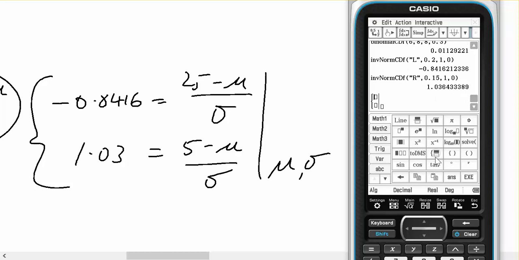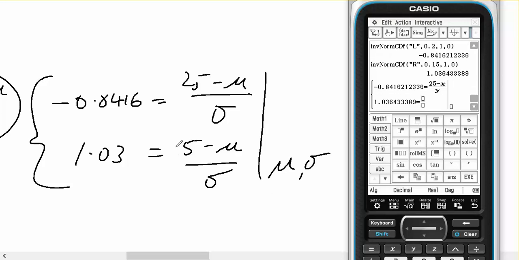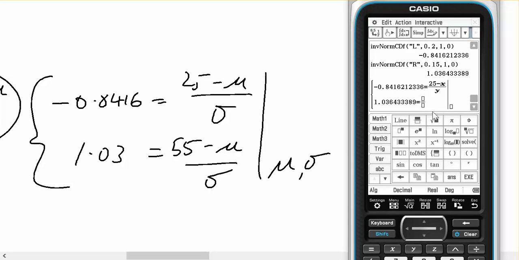So I'll bring up simultaneous equations. This equals fraction, I'll use 25 minus, and I'll use x for the mean and y for the standard deviation. And then this is my second equation. That's going to equal, that was 55, wasn't it? 55 minus x divided by the standard deviation.